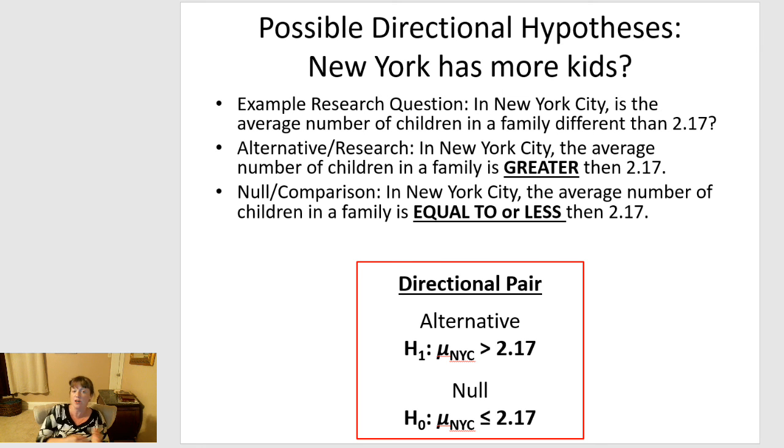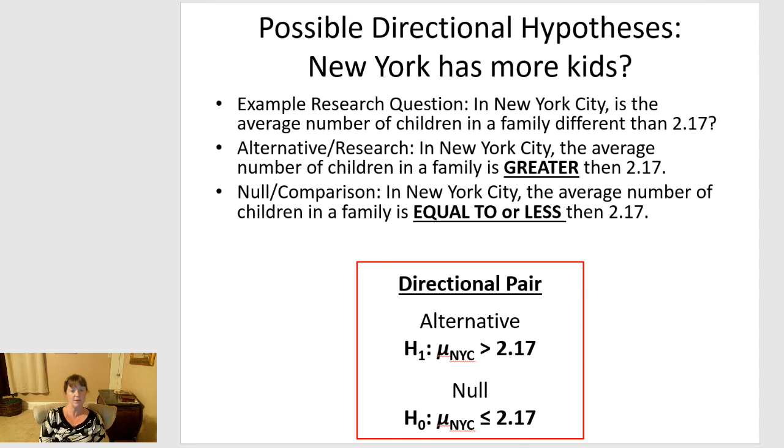Then you have to create a null hypothesis that is the mutually exclusive, collectively exhaustive opposite of that. And so then your null hypothesis becomes that the average number of kids in New York City is either equal to or less than 2.17.